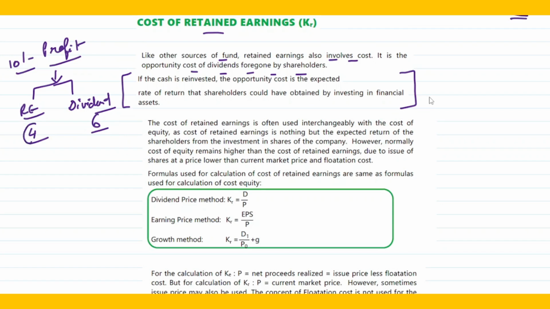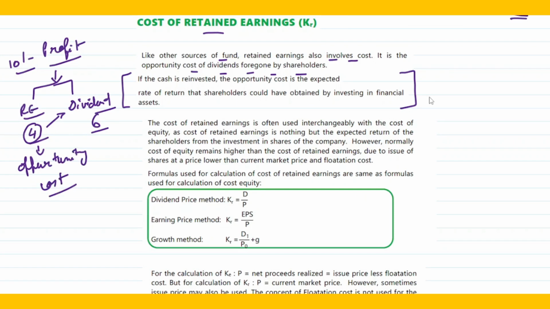Now, had this 4 rupees been given as a dividend, what shareholders would have done is they would have reinvested this money and earned some income on that. But what the company is doing is, for the further growth of the company, it is retaining this earning. So this is an opportunity cost loss for the shareholders. I hope you understand what opportunity cost is.